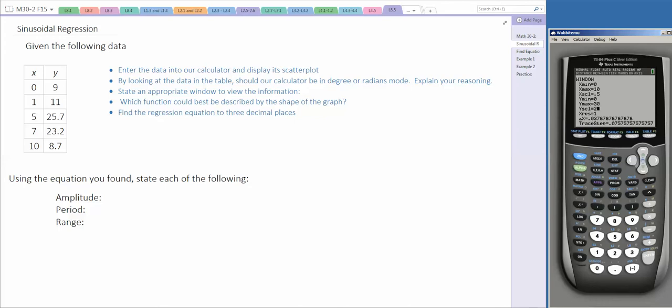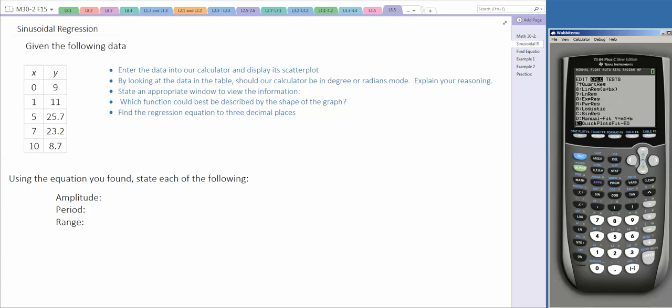The next thing we need to do is turn our stat plot on. So we go into Y1, turn the plot on, press enter, and now we should be able to graph and see our data. We can see our data goes up and it comes down. So we'll do our sinusoidal regression, and then with that regression we'll be able to plot the equation. To do the regression, we go stat, over to calculate, and you'll see that it's not here.